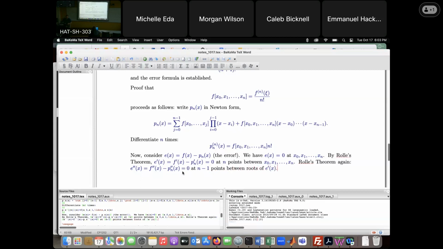And it keeps going. So if I apply this repeatedly, I guess if I want to be completely rigorous about this, maybe it is induction.